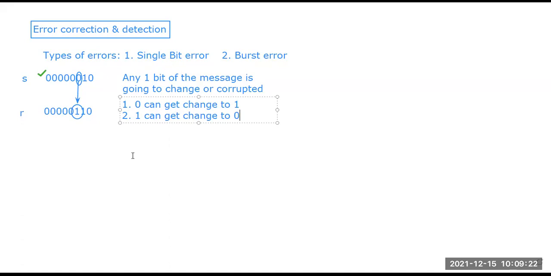So either 0 is going to change to 1, or vice versa, 1 can be changed to 0.